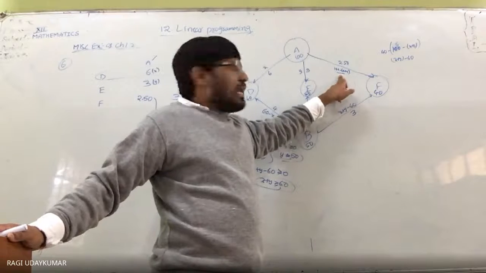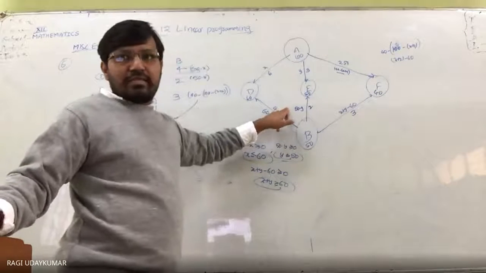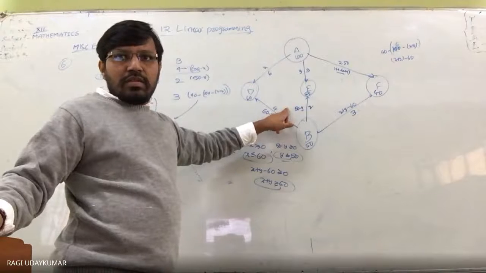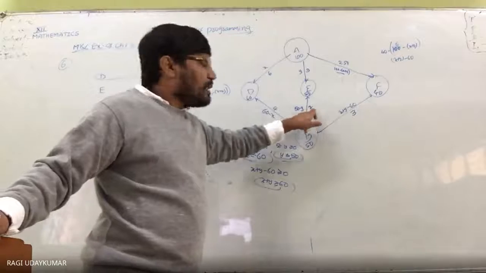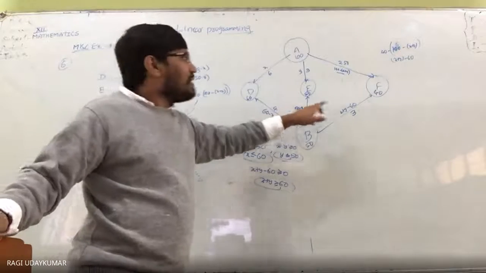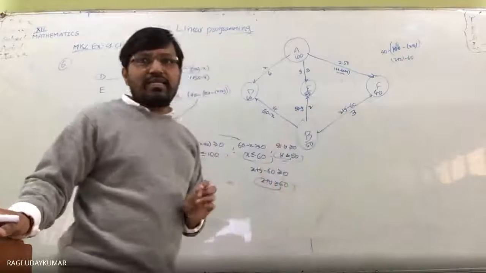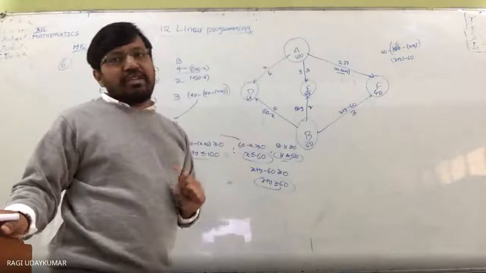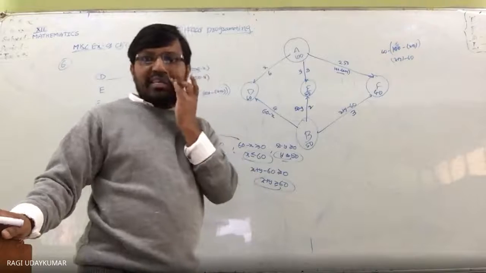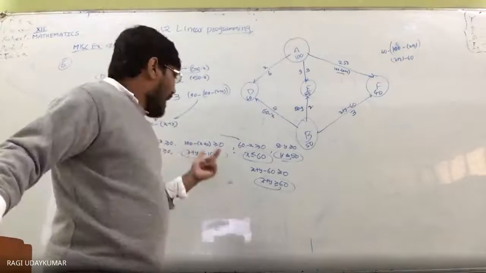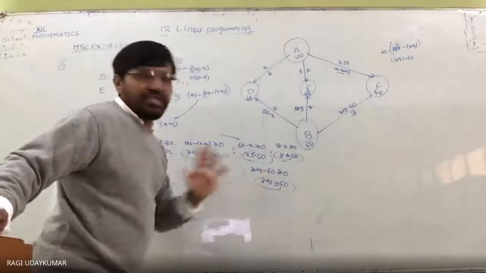Simplify करना. And next 4 rupees into 60 minus x. And 2 rupees into 50 minus y. And 3 rupees into x plus y minus 60. इसको completely simplify करना. Then you are going to get an objective function. Objective function. And these are the constraints.